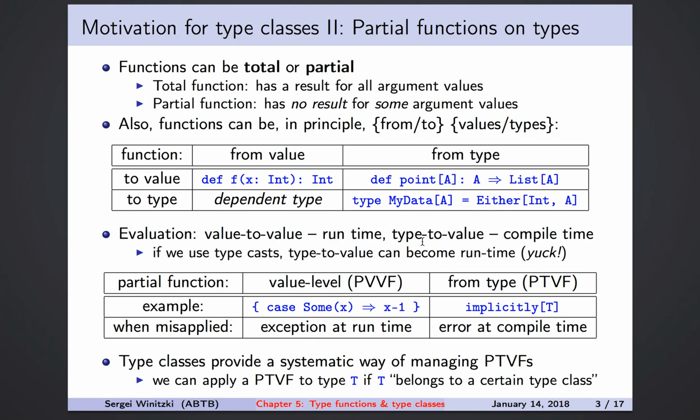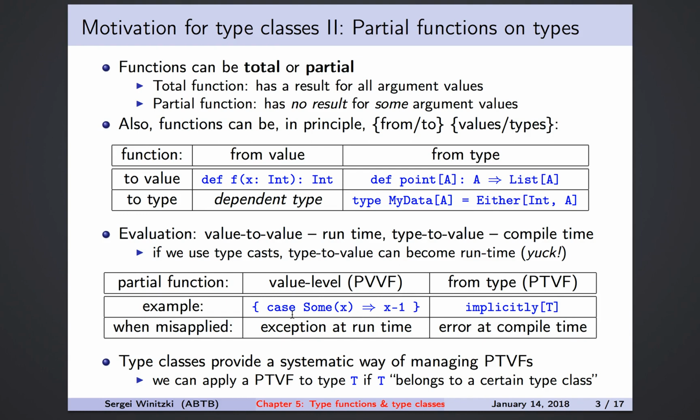Consider now partial functions. So far, we just considered any kind of functions, of all kinds: value to value, value to type, type to value, type to type. Consider now partial functions. So a partial value to value function is something like this. It's a partial function that takes an argument. If the argument here is an option that is not empty, then it returns the value inside this option.